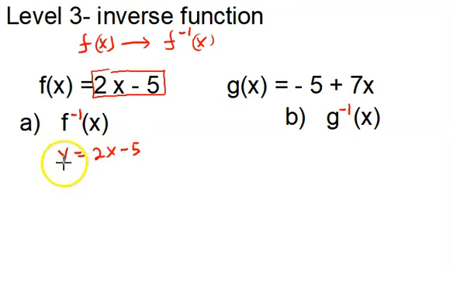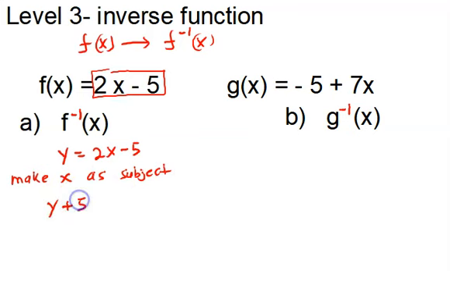Okay, now you can see y is the subject now. So now make x your subject. Here we just have to move the 5. Now you have that 2x. So the 2 will move there, and it becomes over 2.